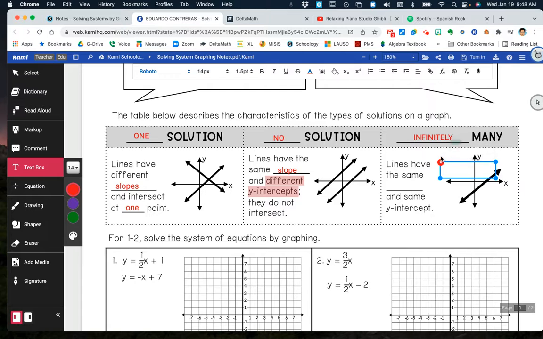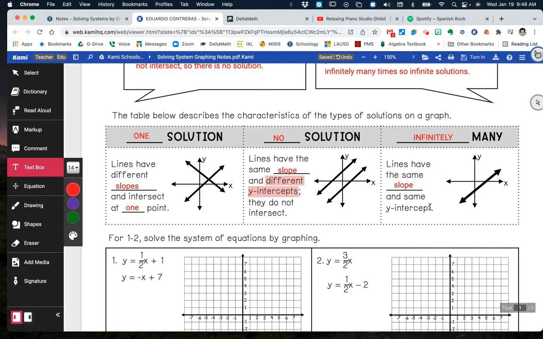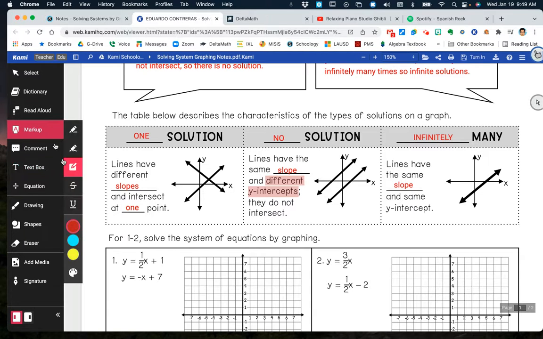It has to be one line overlapping the other. And this is going to happen when the lines have the same slope and the same y-intercept. So I'm going to go back to markup and just highlight same y-intercept.